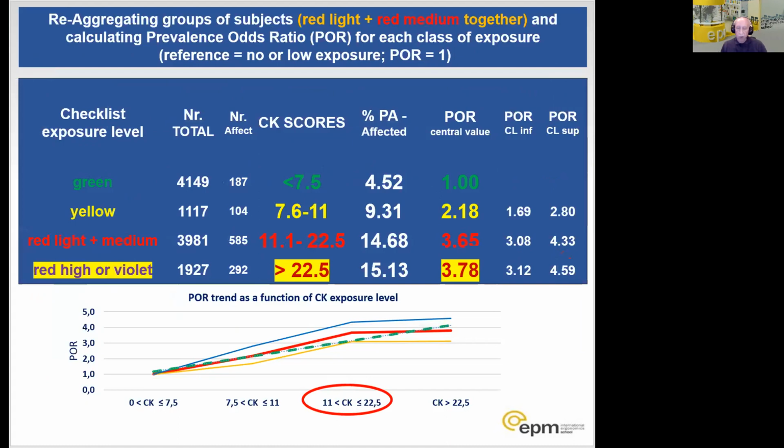So to solve this problem, we grouped together the red light and red medium exposed groups and applied the prevalence ratio of the different groups with reference to the green or low exposed group and obtained a satisfactory progression, also considering the lower confidence limits of the prevalence ratio.